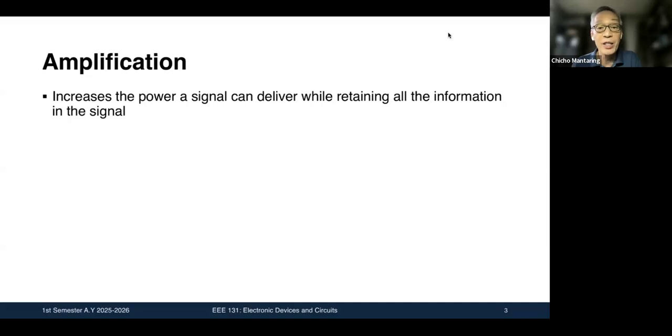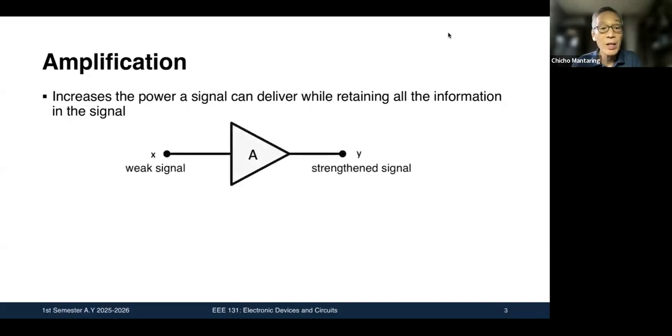That's what amplification is. This is the symbol of an amplifier, a triangle. When you see a triangle, that's the symbol of an amplifier. If you remember the op-amp, the symbol of the op-amp is a triangle, although the op-amp is a two-input amplifier. Well, this is a more general symbol for an amplifier, single input, single output.